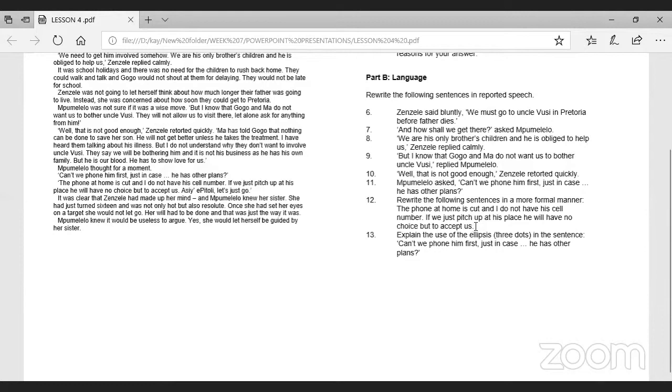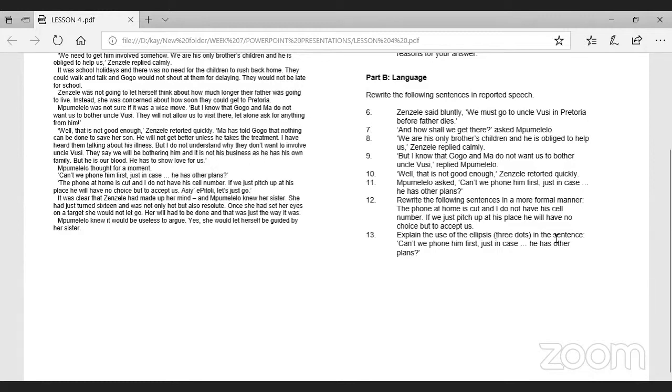Right. And also, we did punctuation. That is for number 13. When you get to number 13, it says explain the use of the ellipses, 3 dots in the sentence. With punctuation, I did teach you guys those 3 dots: why are they being used in certain texts, and what is their definition, their meaning or use?